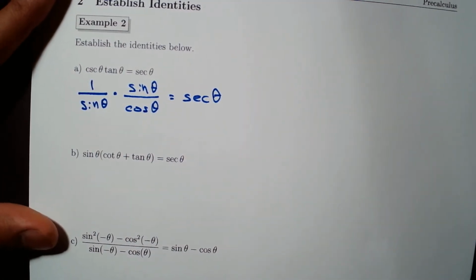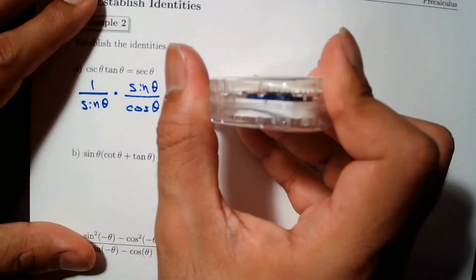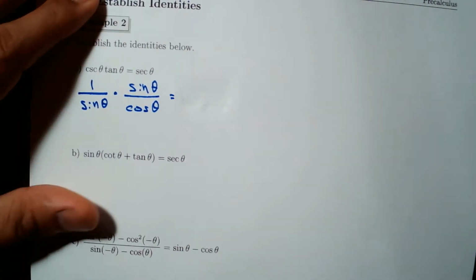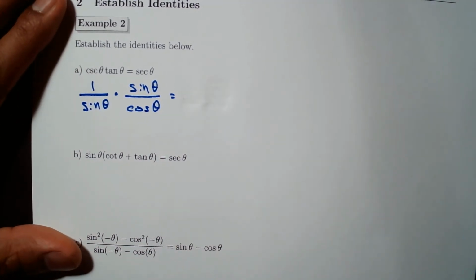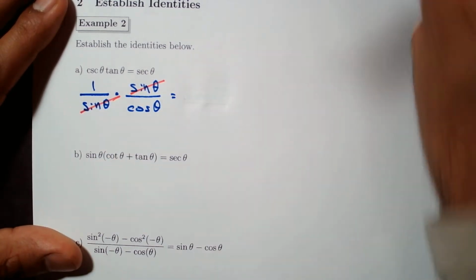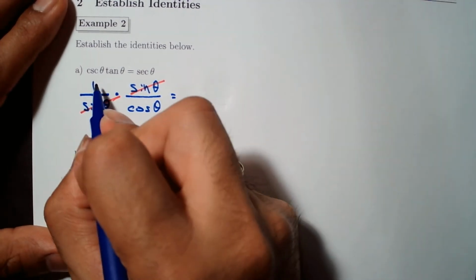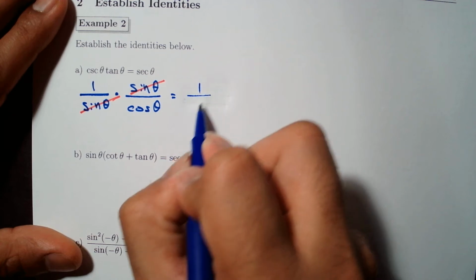I'm not going to care about the right hand side. Notice what happens here: sine and sine cancel out, and I'm left with 1 over cosine.